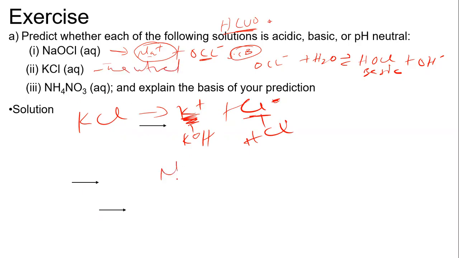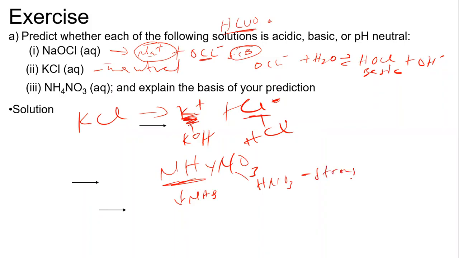Then we have NH4NO3. Now the NH4 here is from ammonia, which is a weak base. The NO3 here is from HNO3, which is a strong acid. Now the one from the strong acid will not undergo hydrolysis, so the NO3 is out.